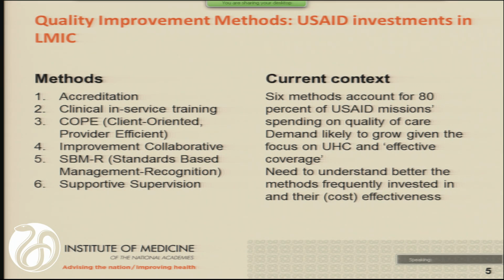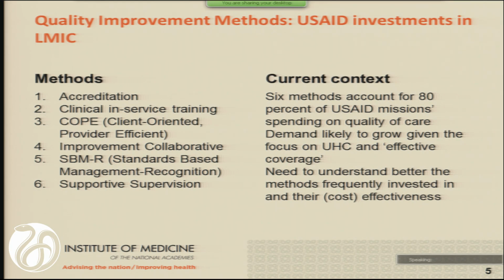These methods consist of accreditation, clinical in-service training, COPI, the client-oriented provider efficient, improvement collaboratives, the standards-based management and recognition, and support to supervision. These account for 80% of USAID missions spend on quality of care.